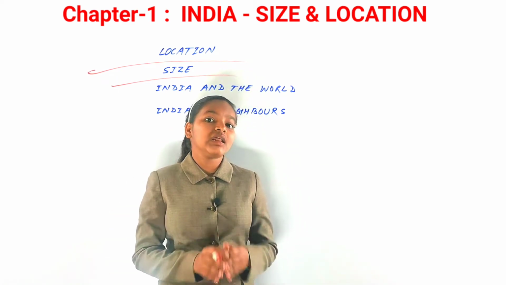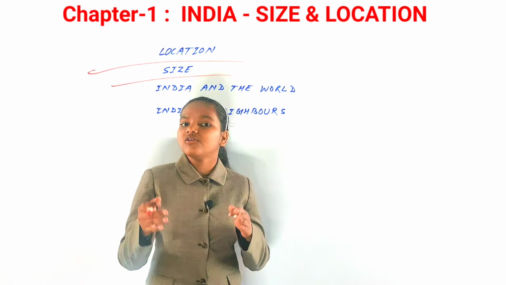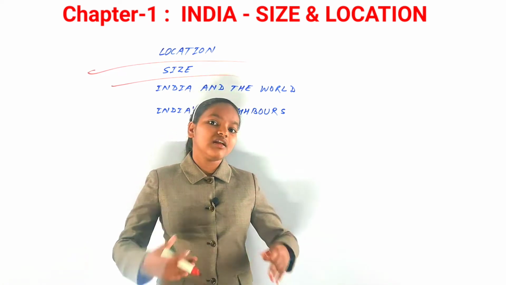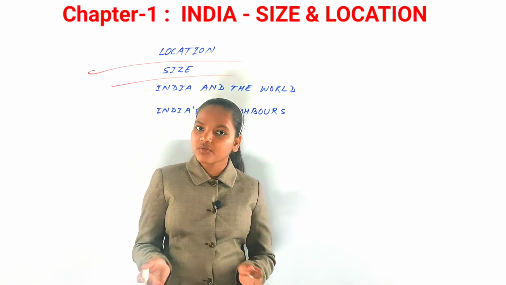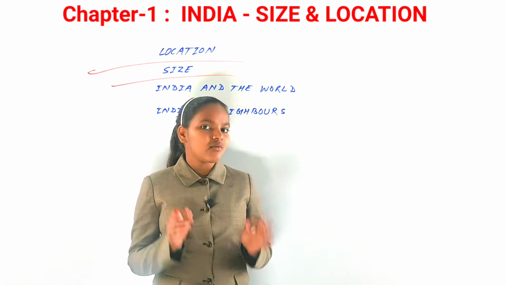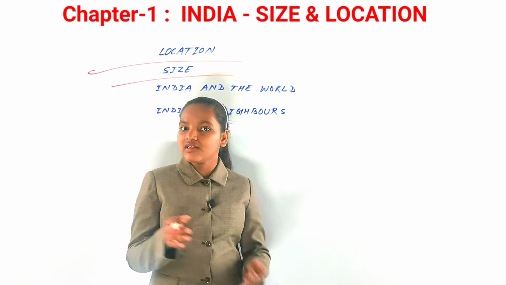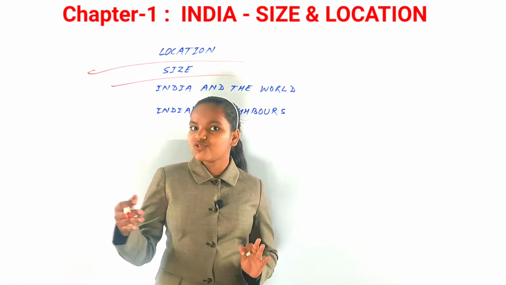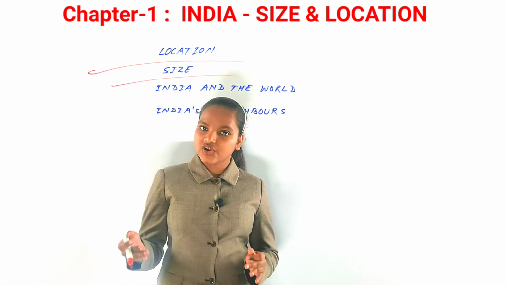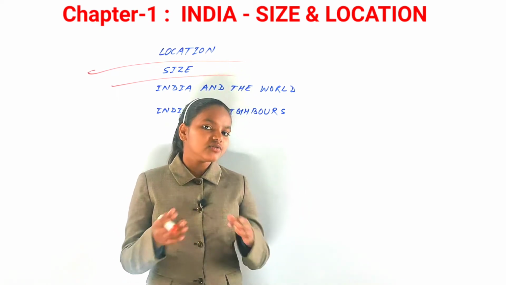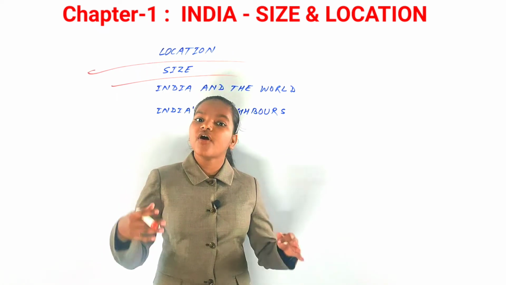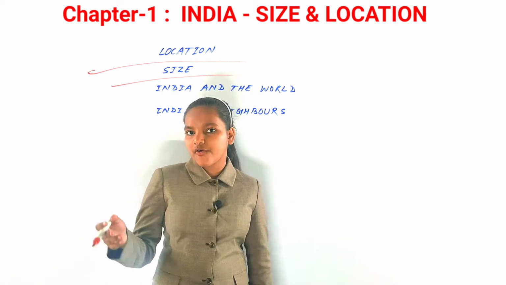And in Russia there are 11 time zones. So there would be more and more confusion among the people, and that's why we have adopted our own IST, that is plus 5 hours 30 minutes to the Universal Standard Time. And that is because of the location and the size of our country.